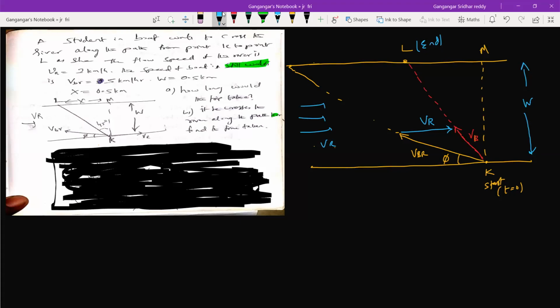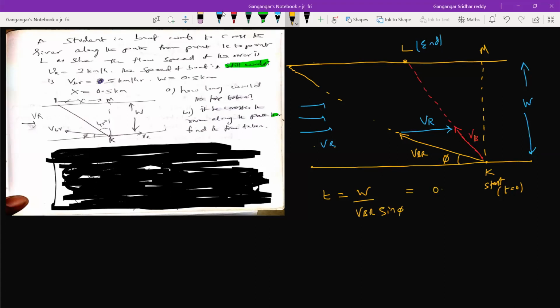What will determine the time taken to cross the river? W by VBR sine phi. W is how much? 0.5 kilometer. Convert that? I think all are in kilometer, no need to change anything.